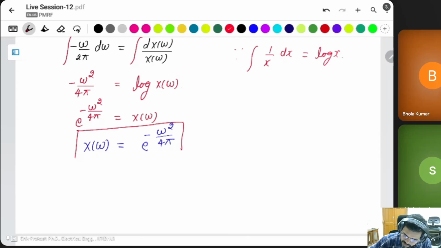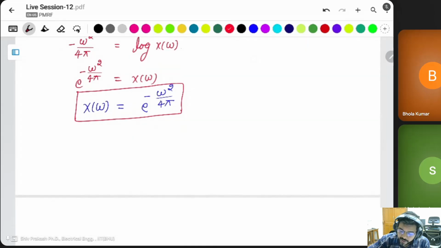This is the Fourier transform of x(t), in radian per second. If you want to transfer to hertz, then simply use 2 pi f in place of omega.